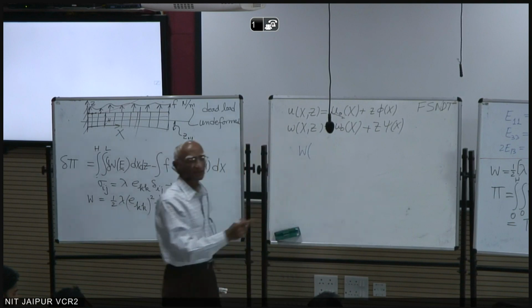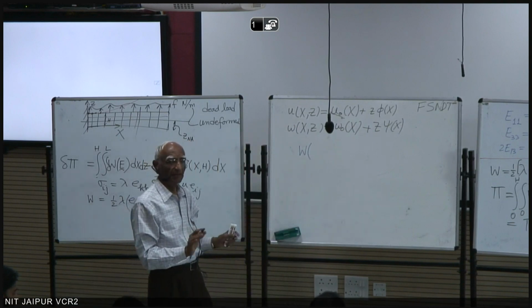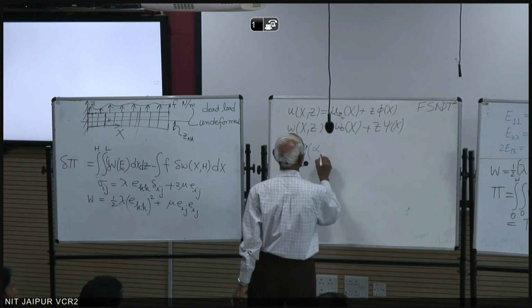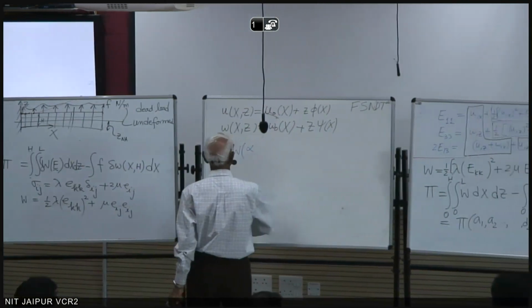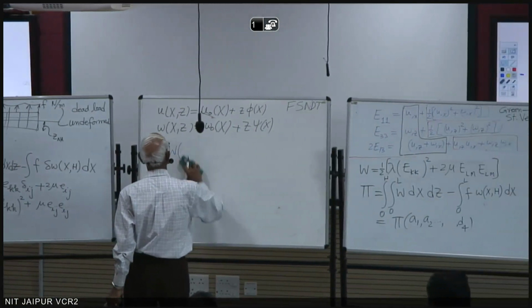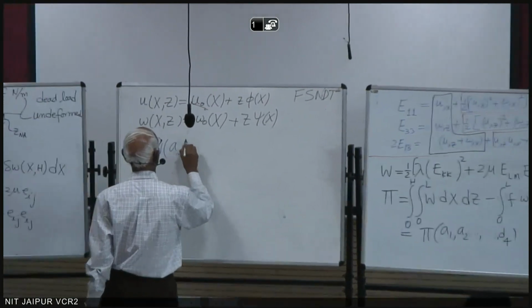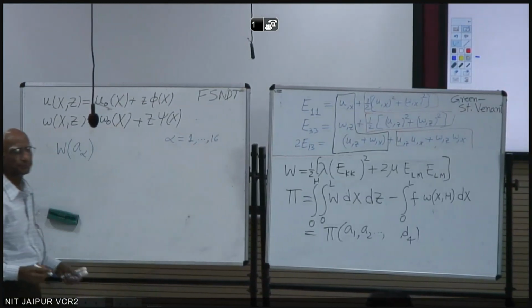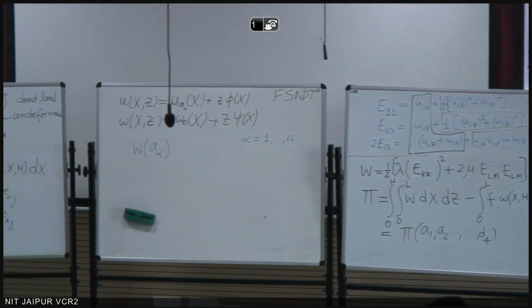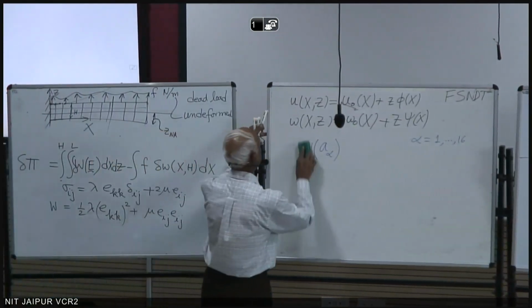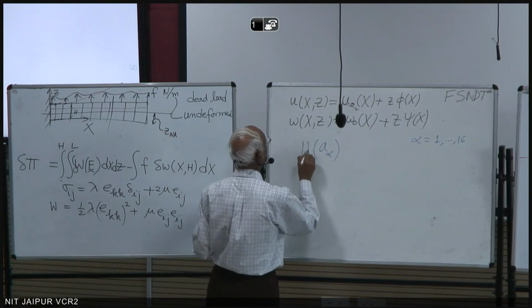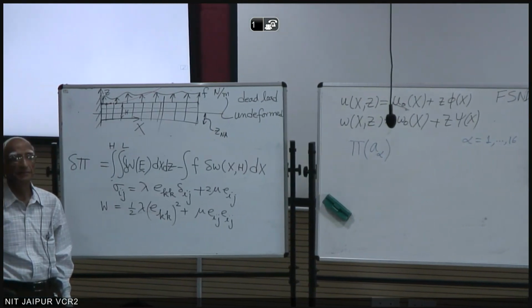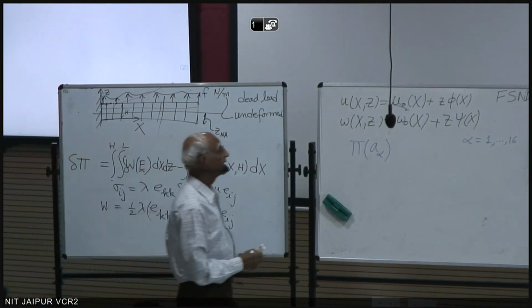In terms of these 16 constants. And instead of writing A1, A2, A3, let me write alpha. So we have alpha. So I have, not W, this is my potential, sorry. My potential energy will come out to be a function of 16 unknowns. So I do the same thing we did yesterday.